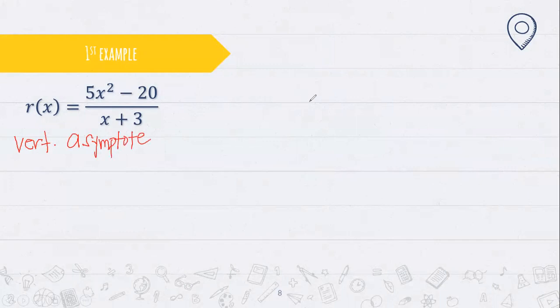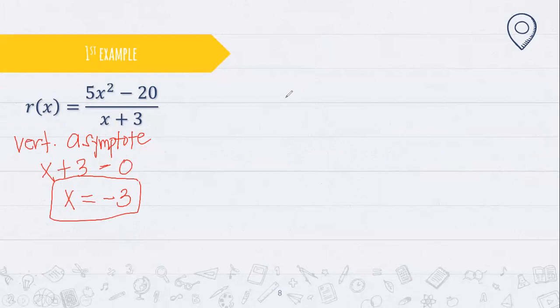Okay, paano kunin si vertical asymptote? Class, katulad ng sinabi kanina, can be computed by equating the denominator to 0. So we have x plus 3 equals 0. So what's x? X is equal to negative 3. So this is our vertical asymptote.